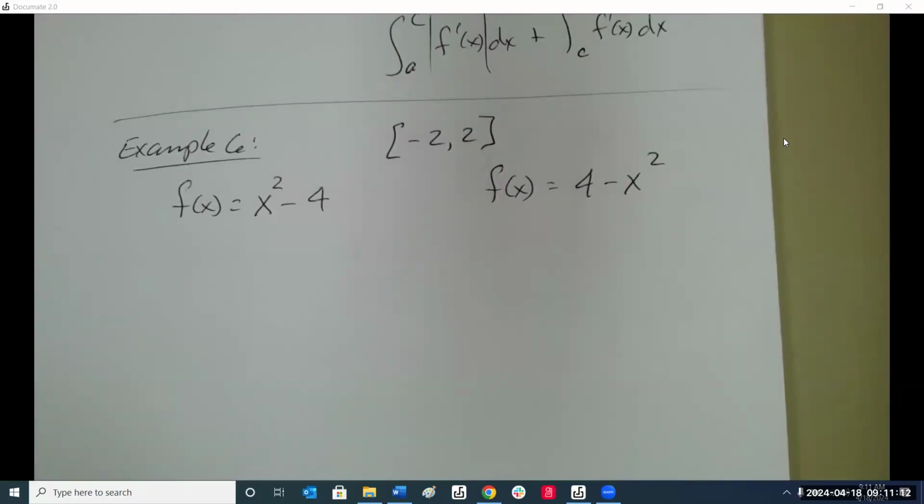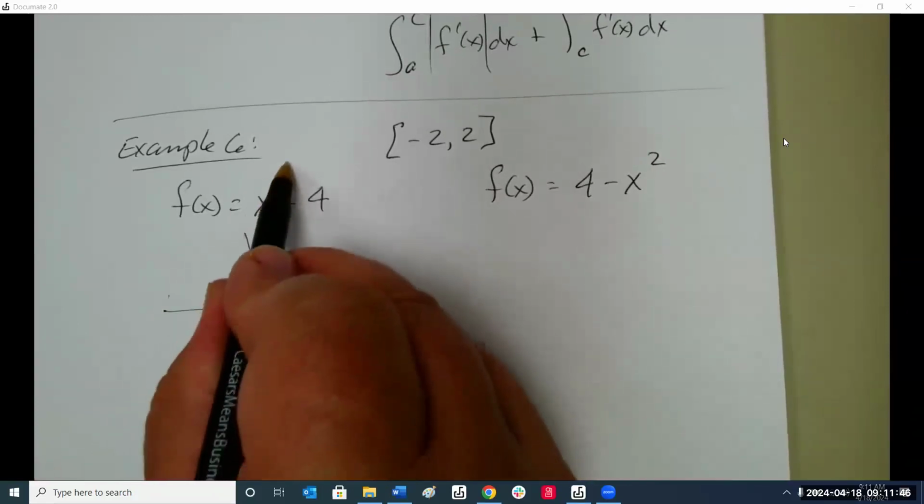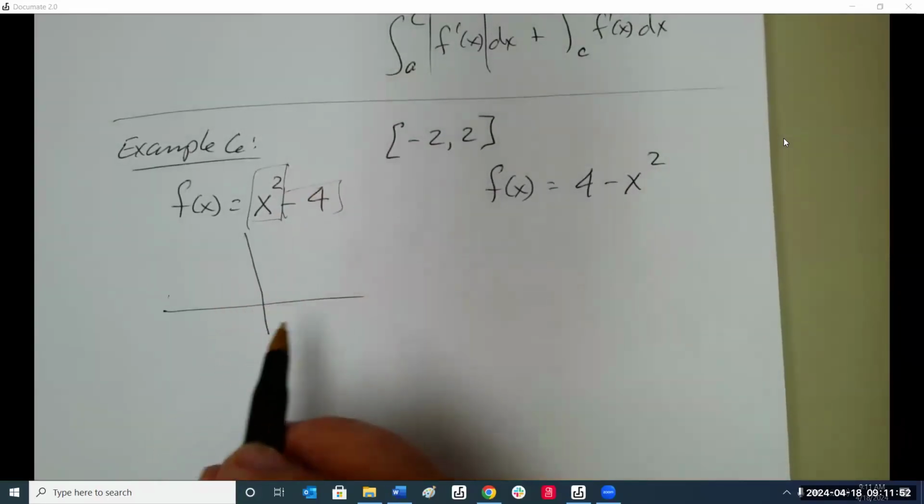Will these two functions have the same area under their curves? Why? That's exactly right. That's different. And yes, you're right, because if we graphed these two, this one is the x squared function, which is a parabola, and it shifts down 4 spaces.